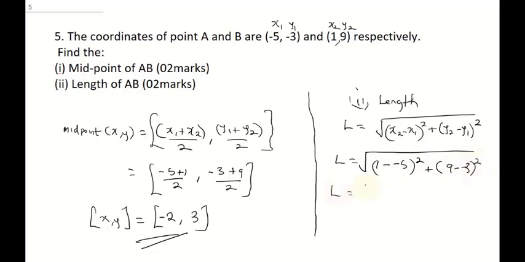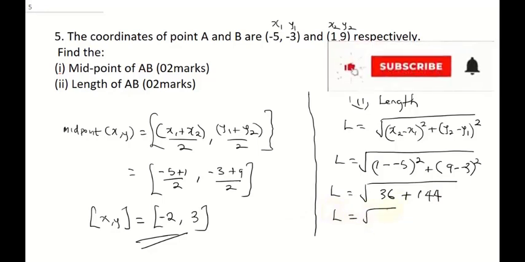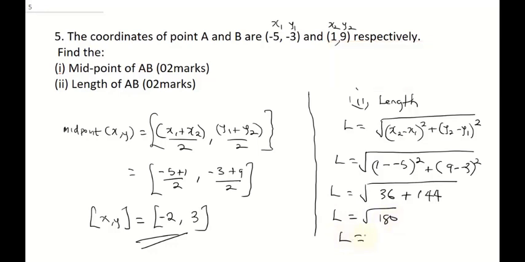So our length is going to be the square root of 1 plus 5, that's 6 squared, that's 36, plus 9 plus 3, that's 12 squared, which is 144. So from here, L will be equal to the square root of, when you sum these two up, you are going to get 180, and L, the square root of 180, is going to give us 13.416. So that's our final answer.